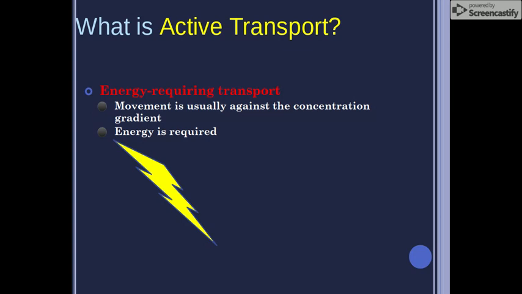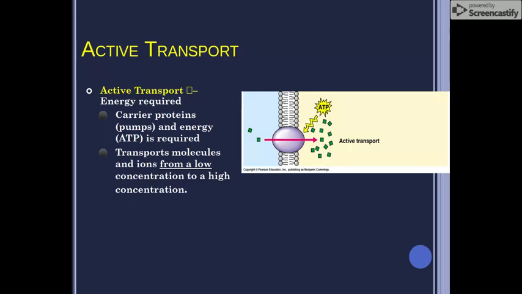If you think about it, passive transport is like going down the stairs or down a slide. It's pretty easy to do. Active transport is like going up the slide. It requires us to exert energy.